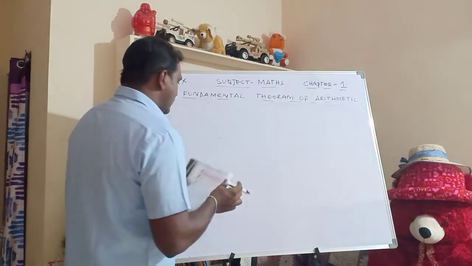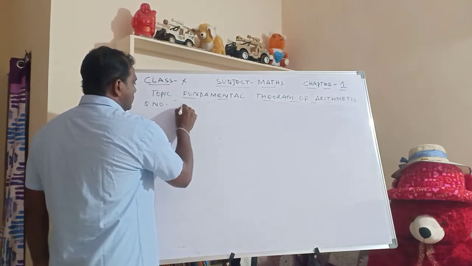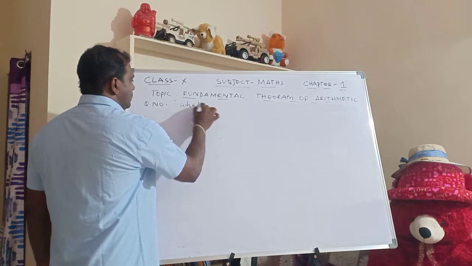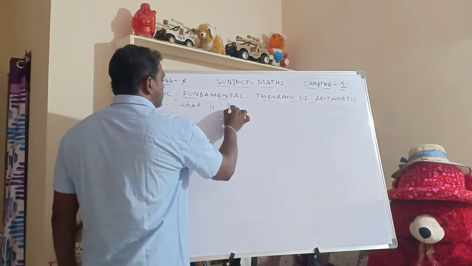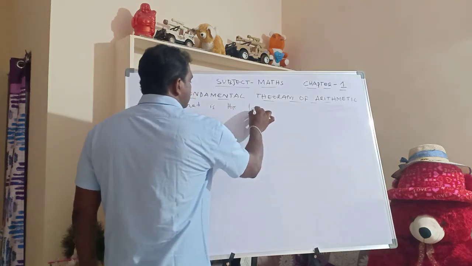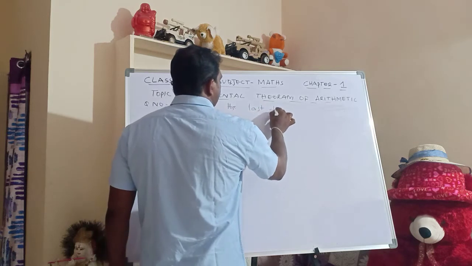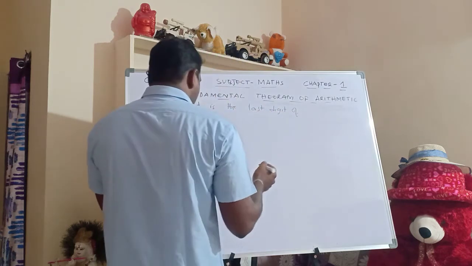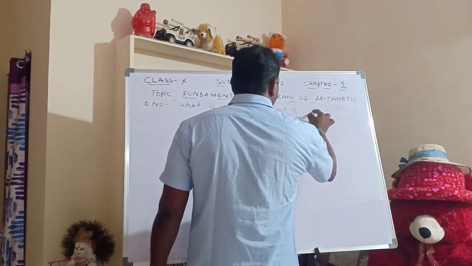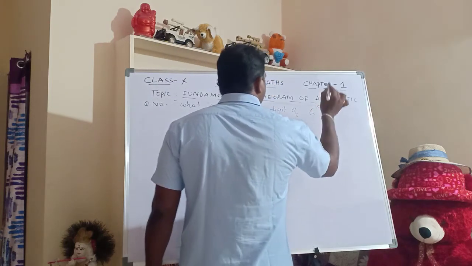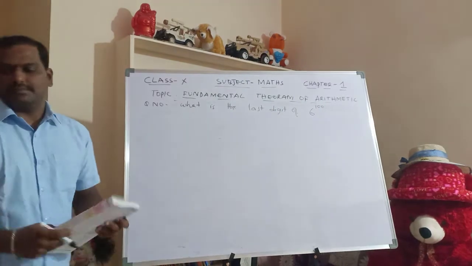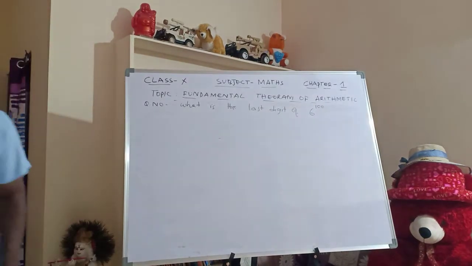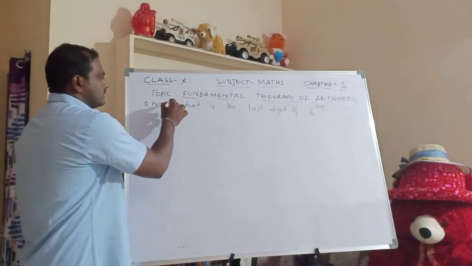What is the last digit of 6 power 100? This is the question. So after explaining this question, we can go for question number 3.